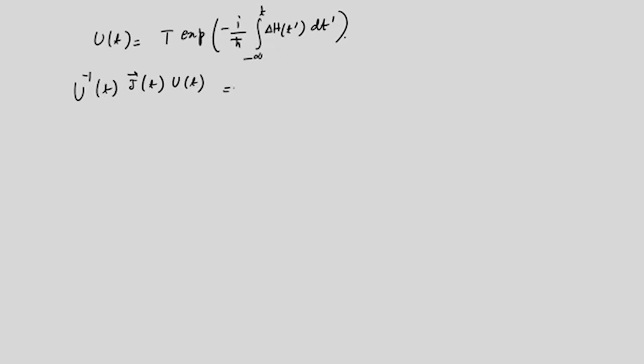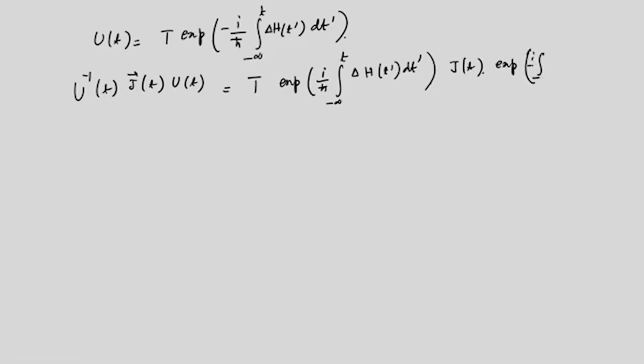So, this is equal to the time ordering and exponential of I over h cross integral from minus infinity to t of delta H of t prime dt prime, and now I will write j of t, and then I will write the exponential of minus I by h cross integral from minus infinity to t of delta H of t prime dt prime.